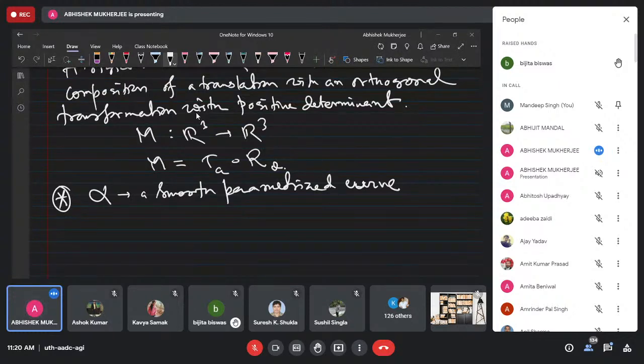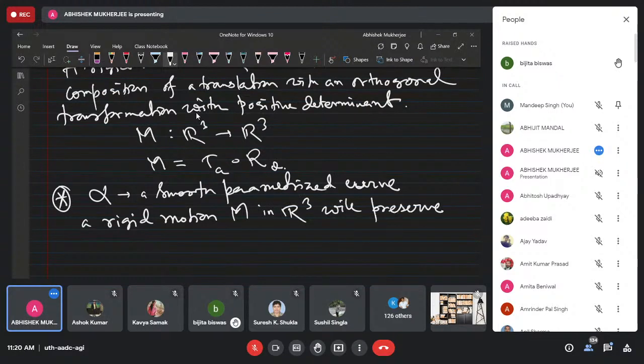Okay, so a rigid motion in R3 will preserve the arc length.